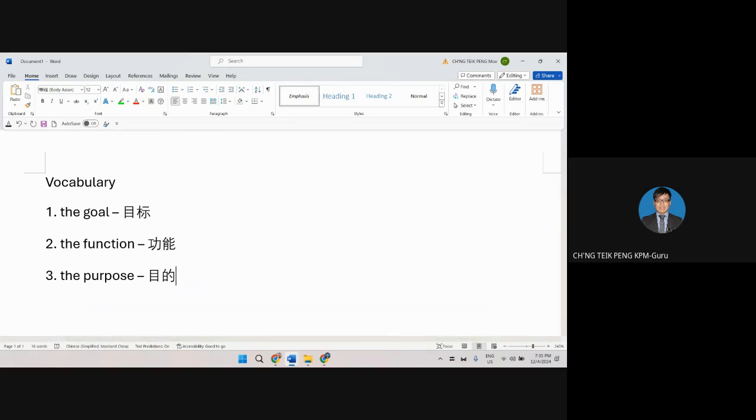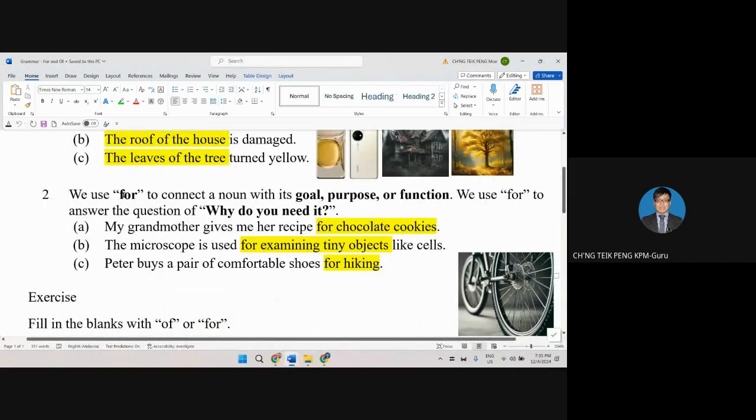I use the phone to call my mom. So the function of the phone is calling. It's used to call people, to talk on the phone. That's its function. So we use for to connect a noun with its goal, purpose, or function.